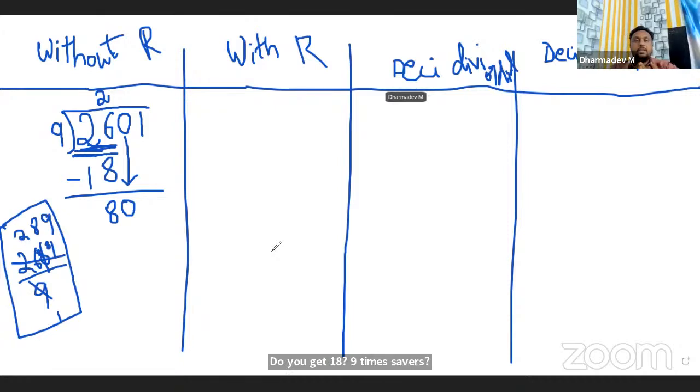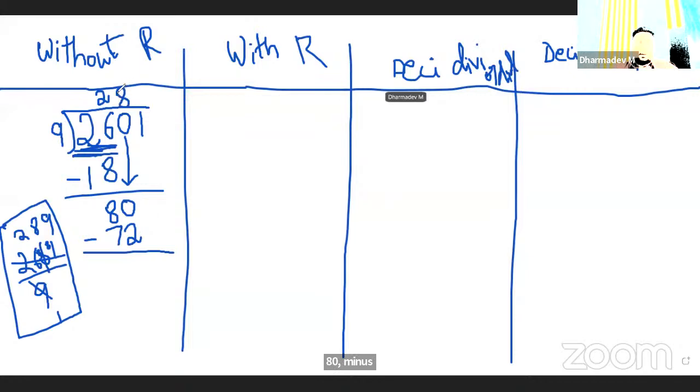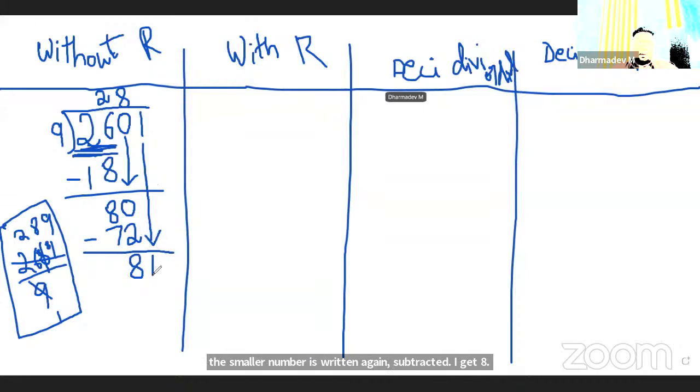Yes, 81 comes in the 9 times table, but I cannot write a bigger number and subtract. So I want a smaller number. Are you clear with this, Miracle? So I'm writing a smaller number over here. 80 minus 72, a smaller number. 9 times 8 is 72. So the smaller number is written, subtracted again, I get 8. Now I bring down 1. I'm getting 81. Is 81 divisible by 9?